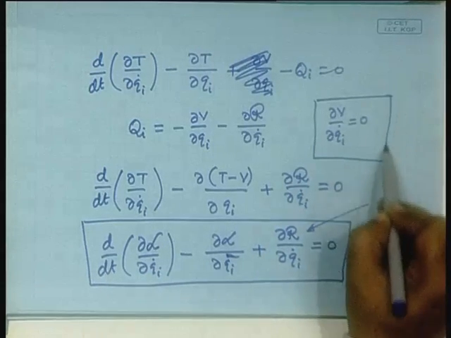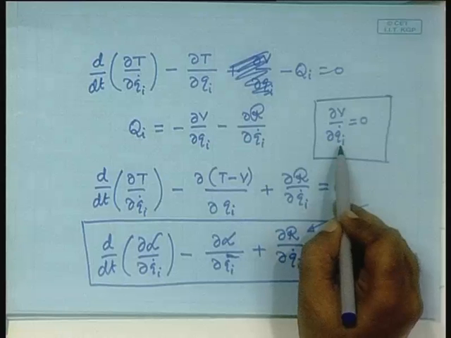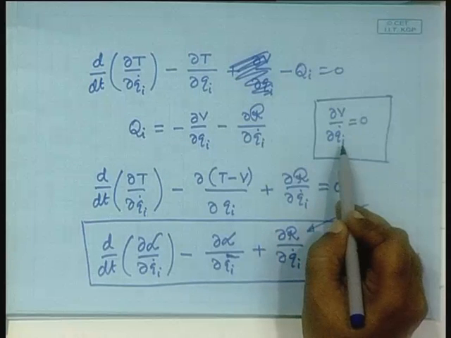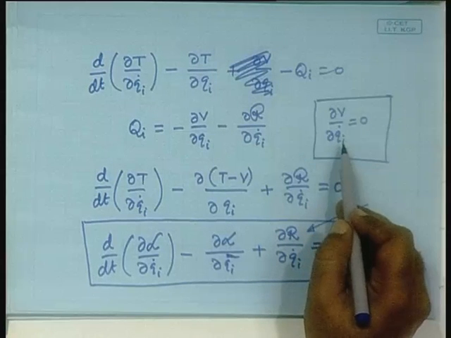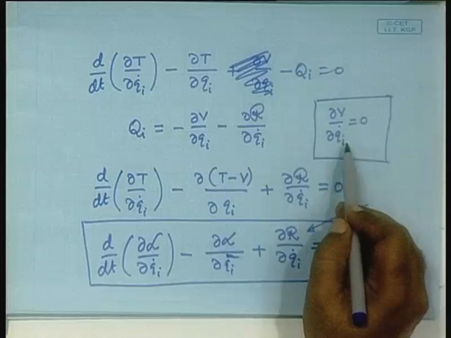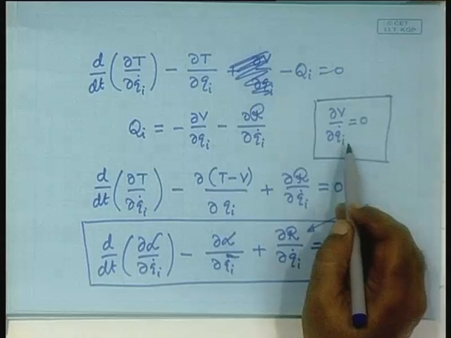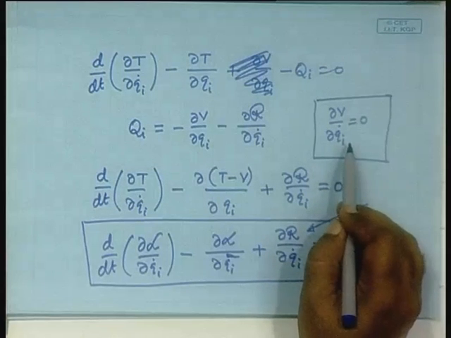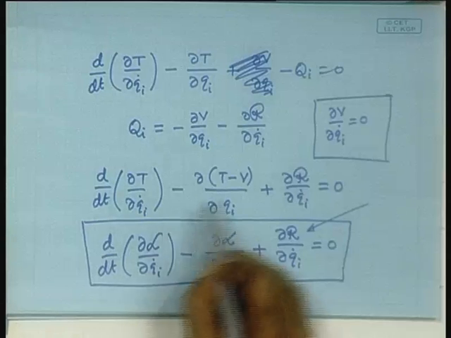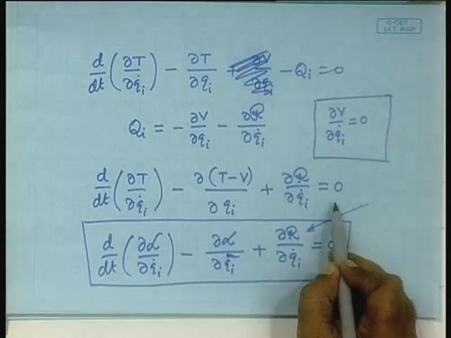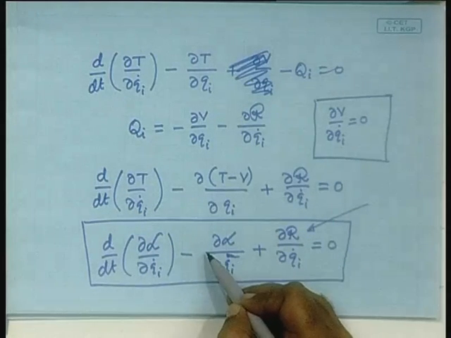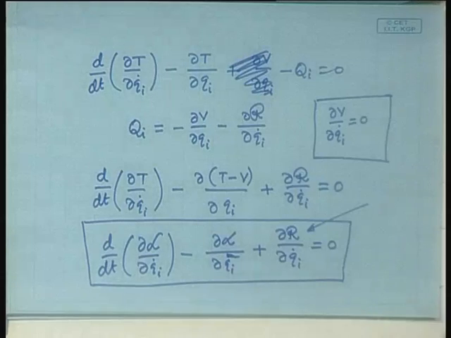Now, naturally this will be valid when this is true. I will cite you some examples where this is not true. There can be situations like that. When that is observed, then you will have to take this equation into consideration, not this. Just keep this pointer in mind.